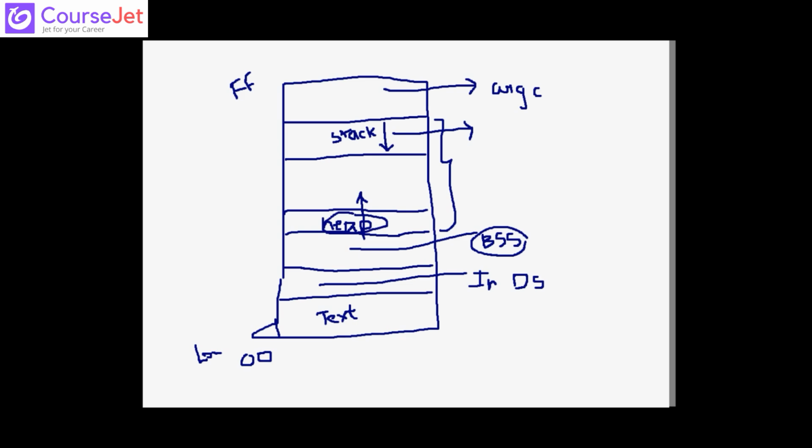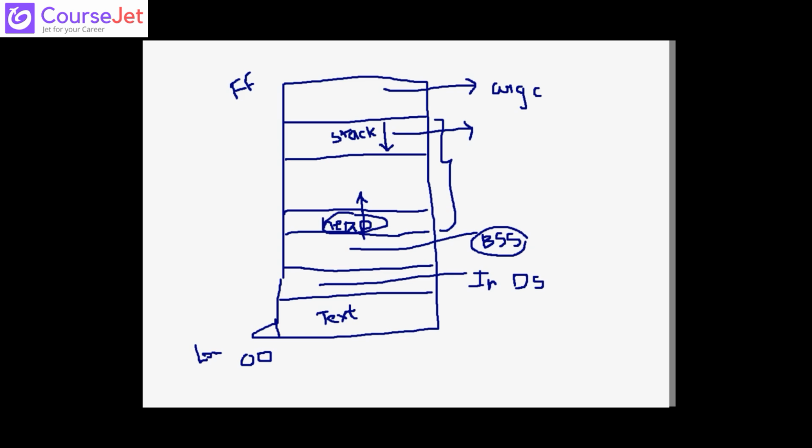And the last point here is, this is exactly opposite to this. This one is growing downwards and that one is growing upwards. Other than this, we discussed BSS. This is also an interview question: what is the memory layout of C and what will be there in it.